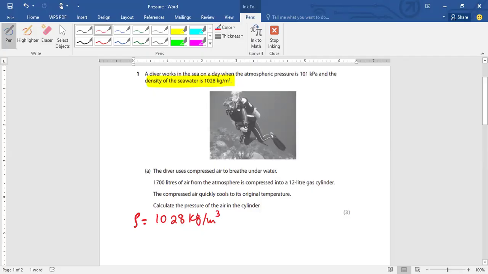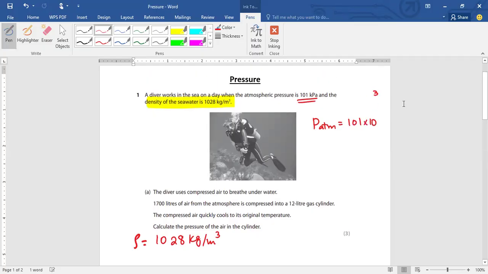And the pressure is also given here. The atmospheric pressure is 101 kilopascal, right? 101 kilopascal means 101 times 10 to the power 3 Pascal, right?